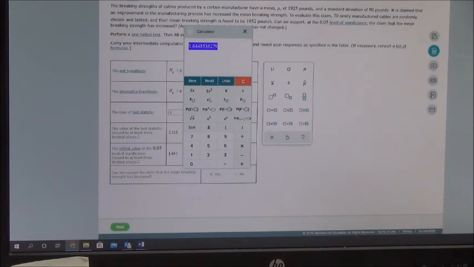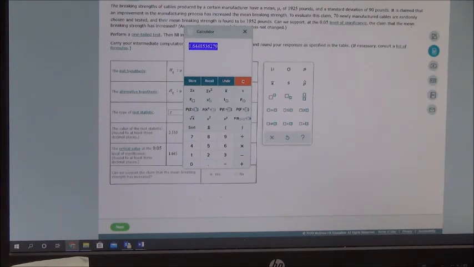To evaluate this claim, 70 newly manufactured cables are randomly chosen and tested, and their mean breaking strength is found to be 1,952 pounds. We want to know, can we support at the 0.05 level of significance the claim that the mean breaking strength has increased?